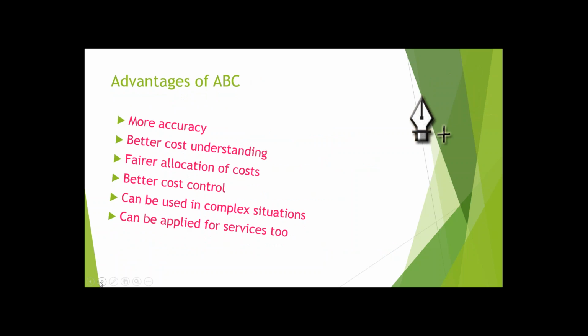You are not bundling all the cost together. You know the cost for each activity. So from there you can do what we call cost control, because there are certain activities where you are not adding any value to the product. You might even want to remove some of those.